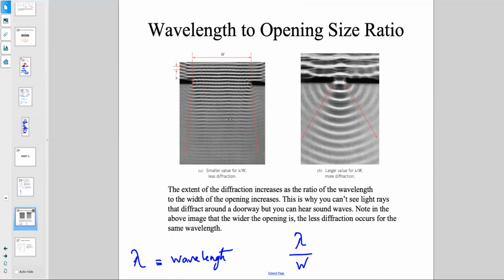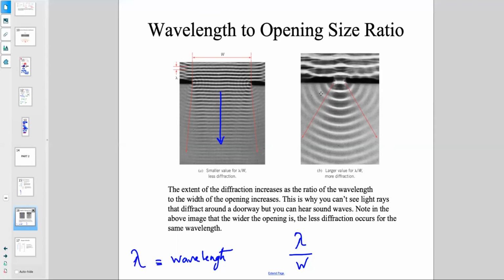You can see that there is almost no destruction of the wave. There is still curvature on the edges, but the wavefront keeps going, so you have continuation of the pattern. But if you have a lambda over W ratio of a very, very large number, then this slit will act like a source for us.